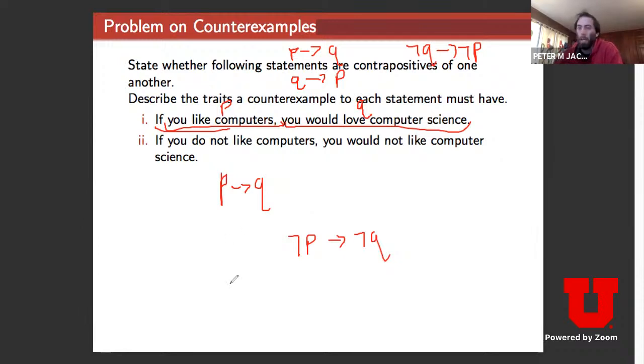So, all right. Are there any other questions about this problem? I know we did that kind of quickly.